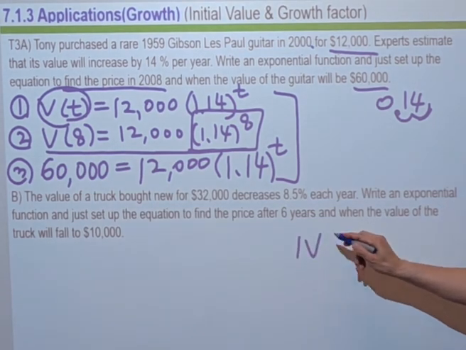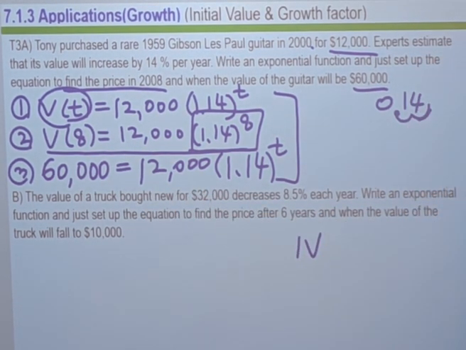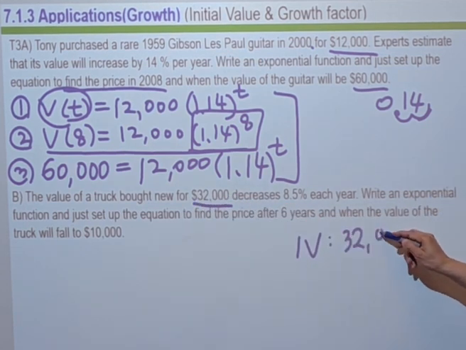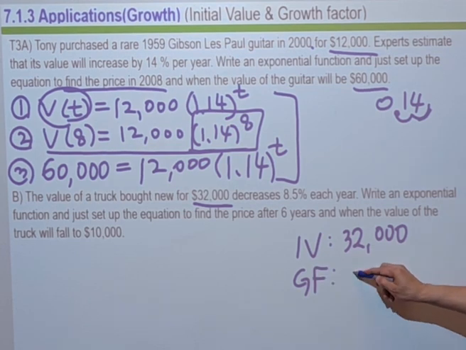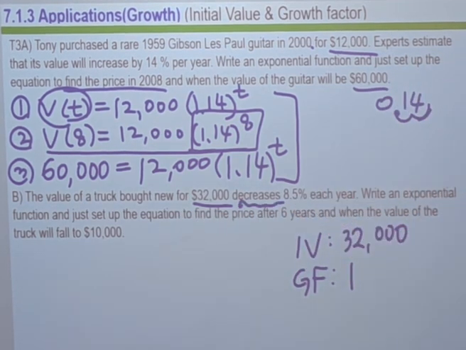The value of a truck when new is 32,000, and it decreases 8.5% each year. The initial value is 32,000, which is a. And the growth factor in this case, because it says decrease, follows the decay model, which is 1 minus r.